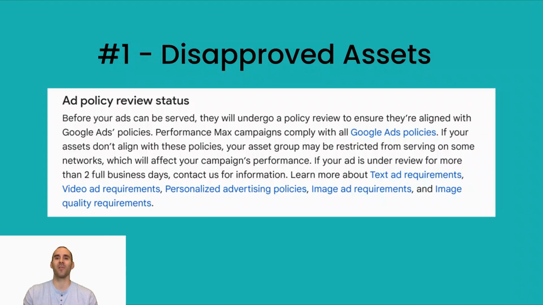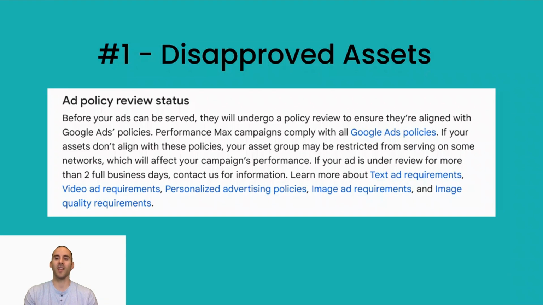Typically, they don't have someone sitting behind a computer reading or looking at these images and hitting an approve or disapprove button. There's automation baked in. I've seen a lot of times where maybe your description included one of the words that Google automatically flags. And many times in this situation, that particular asset, like a description, would be disapproved.